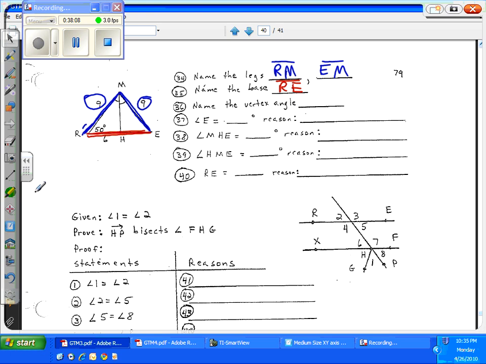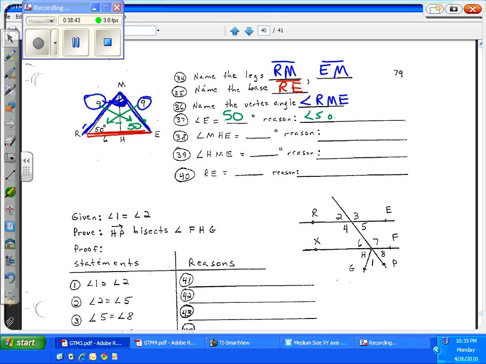The vertex angle is the angle that is included between, which would be angle RME. We have to use 3 letters because there are 3 angles at point M, or at the vertex M. We know that angle E is 50 degrees because if two sides of a triangle are equal, then the angles opposite those equal sides are equal.